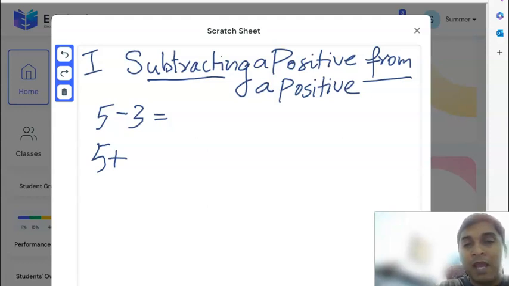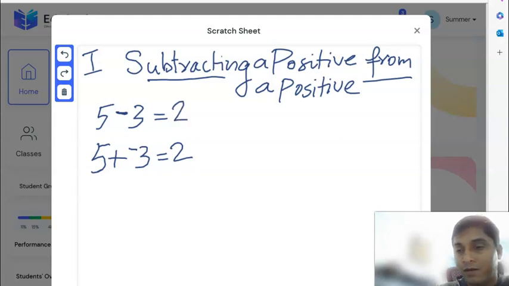So when we add the opposite, you change the subtraction sign to addition but add the opposite. So you change positive 3 into negative 3. Based on the addition rule, you take the difference between the absolute values, and the sign of the bigger absolute value, you got 2 as the answer. Basically that was the same answer there.